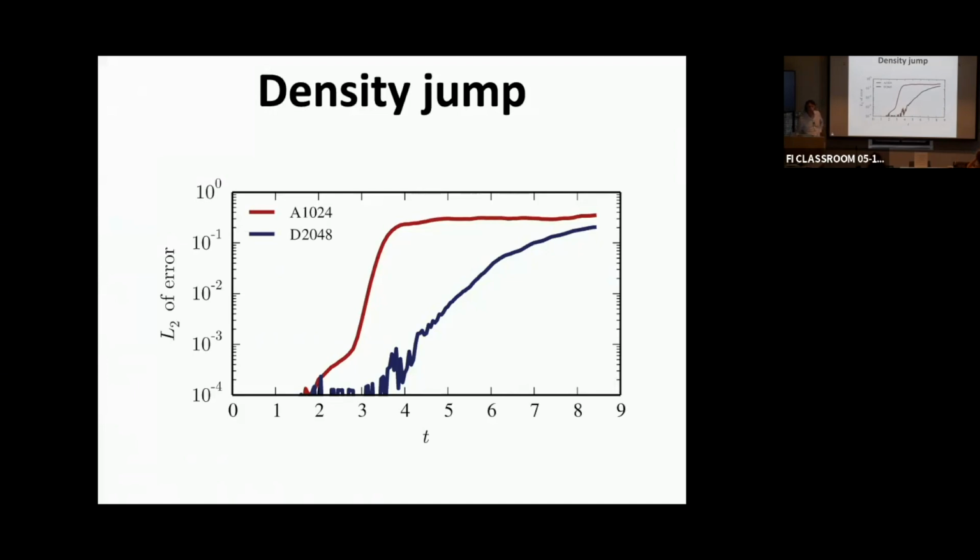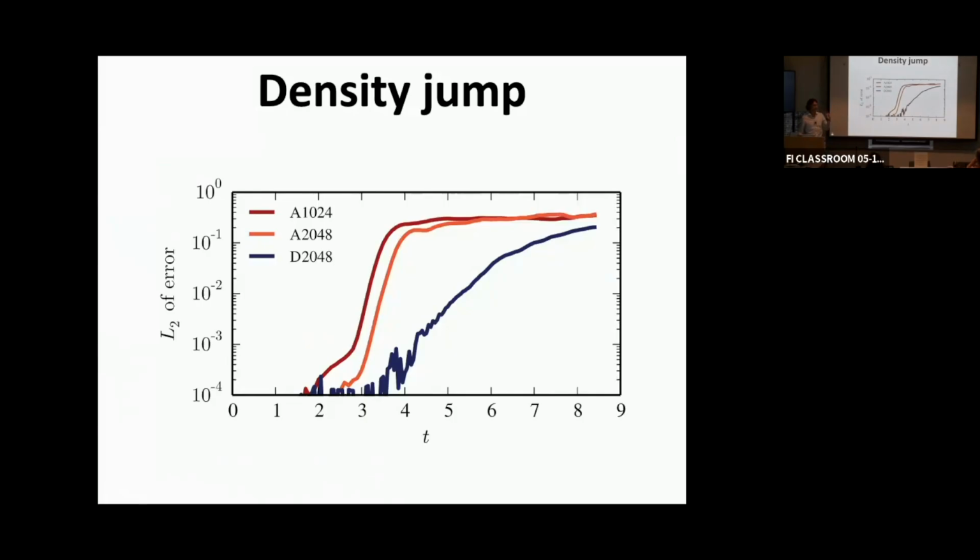Any other questions? When you increase the resolution of the Athena simulation, you get the same instability, but seeded at lower amplitudes. Every time you increase the resolution by a factor of 2, that instability, which is not supposed to be there, gets seeded at an amplitude smaller by a factor of 8.